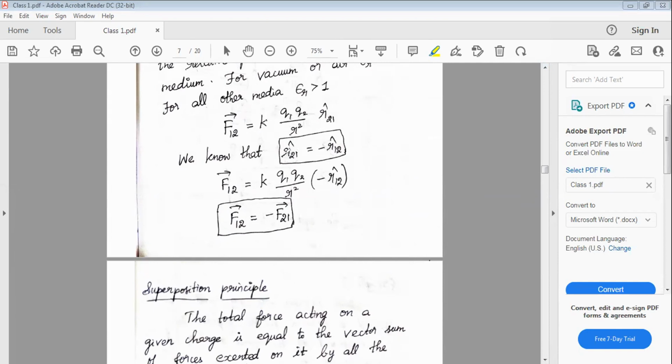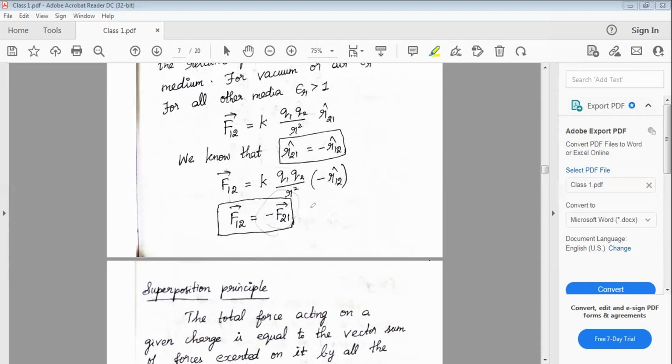So the unit vector magnitude is the same, but the directions are opposite. So you can substitute minus R12 instead of R21 in this equation. This is nothing but the value of F21 with the negative sign in it. So F12 equals minus F21.